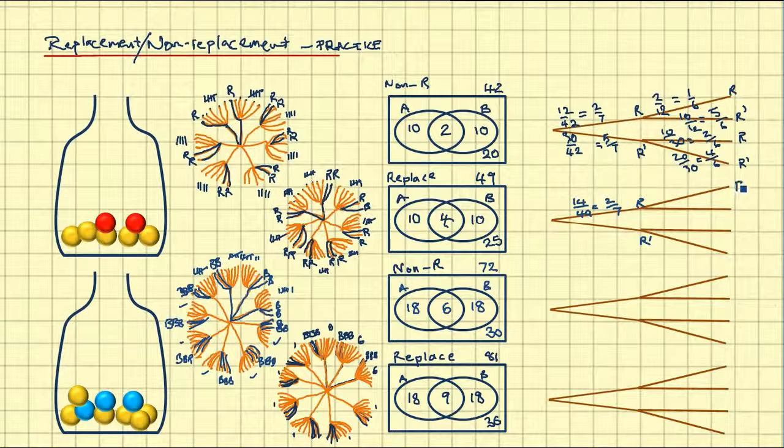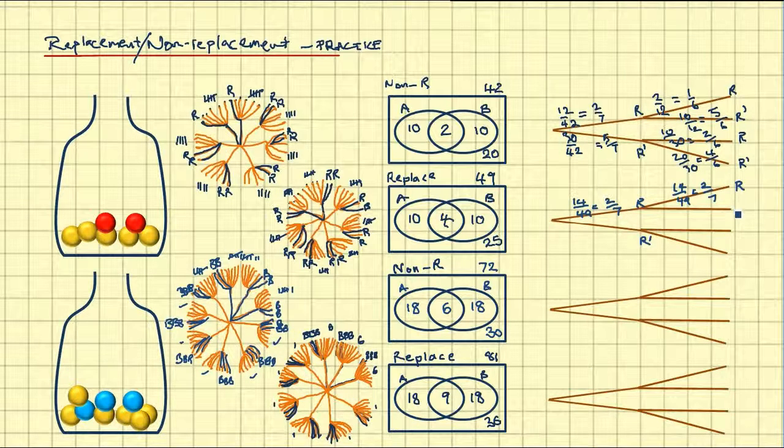And getting a red in the second round, so event B, again, would be 14 out of 49, so that would be 2/7. So same number again. Okay, which makes sense because it's exactly the same scenario in the second round.